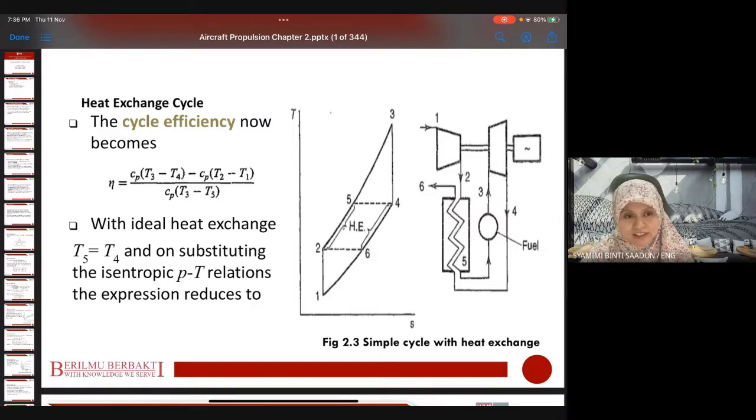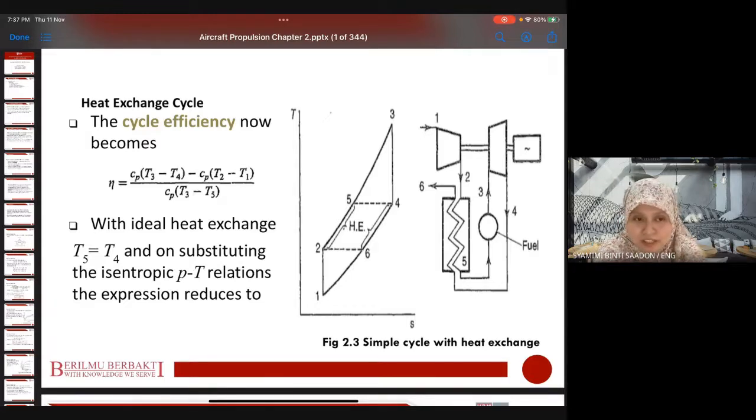This type of heat exchanger we sometimes also call a regenerator, because heat exchanger is actually a general term. It depends on the function of the heat exchanger. If its function is to vaporize the working fluid, it is called an evaporator.